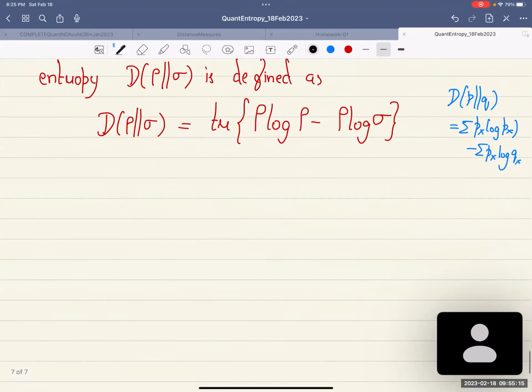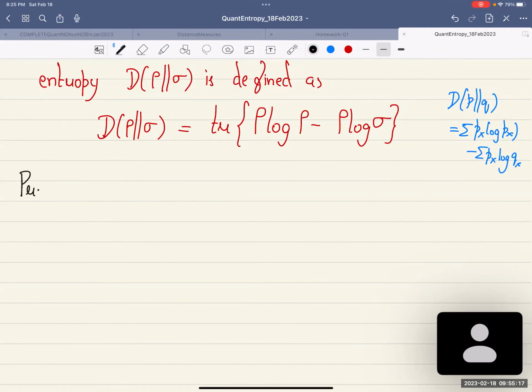Okay. So proposition. This is Klein's inequality. We'll just prove the non-negativity of the quantum relative entropy.